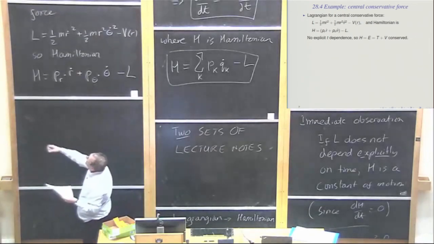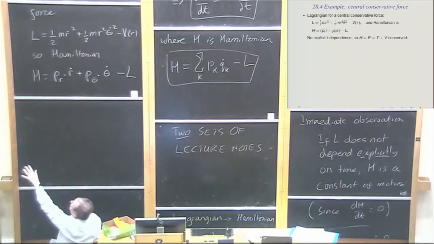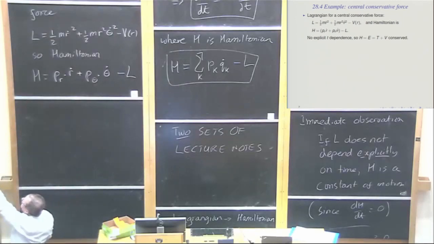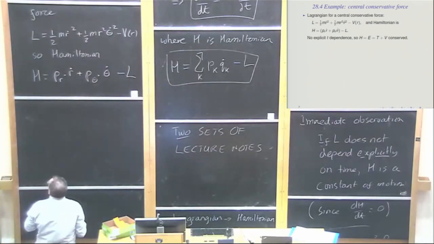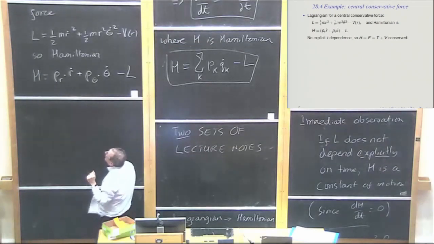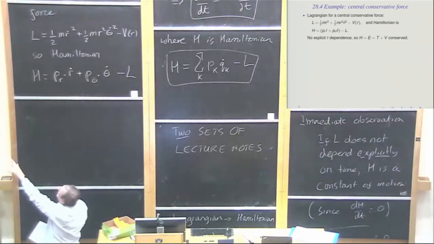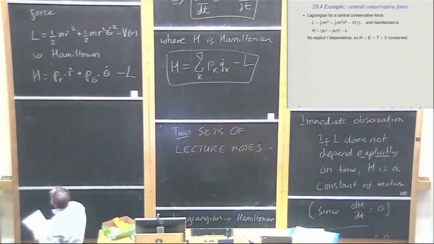So the first thing we can say is that there's no explicit t dependence. You don't see t in this expression, so we know that H is conserved, and one can immediately convince yourselves that in this case H is in fact the total energy.